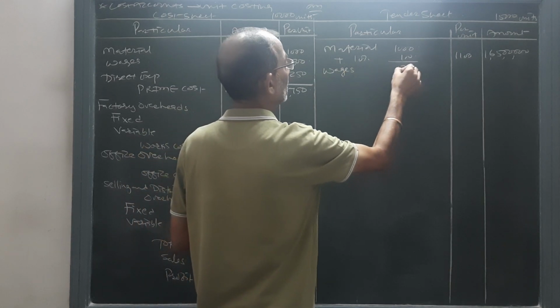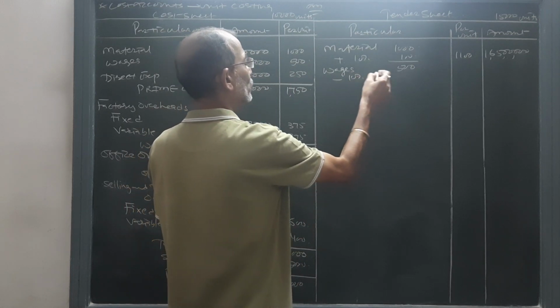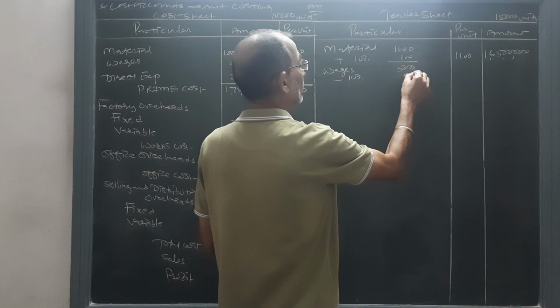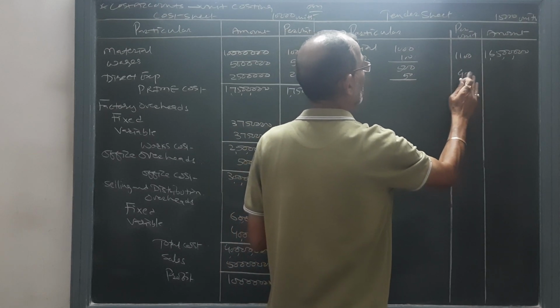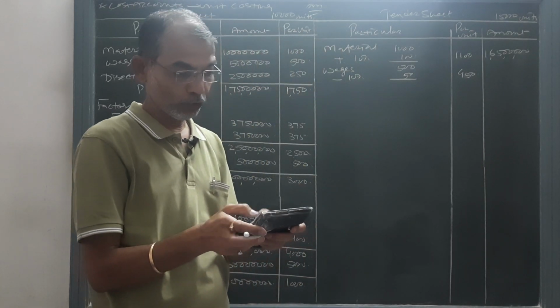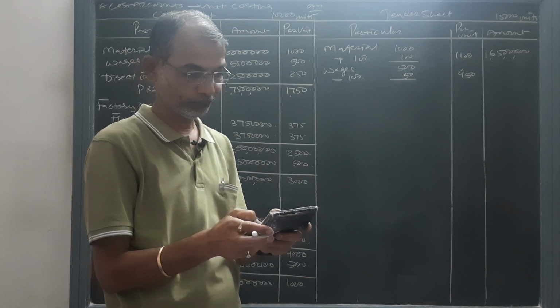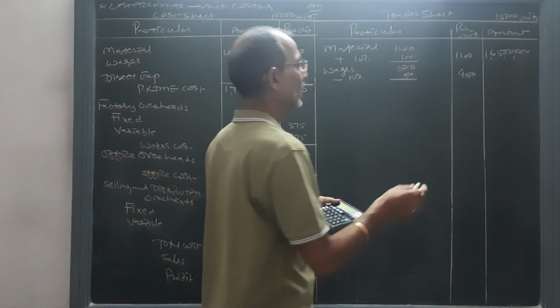Wages per unit earlier were 500, now those are said to be reduced 10%, 50 rupees, so per unit will come to 450. 450 into 15,000, that will be 67 lakh 50,000.